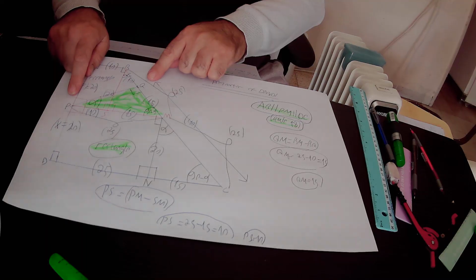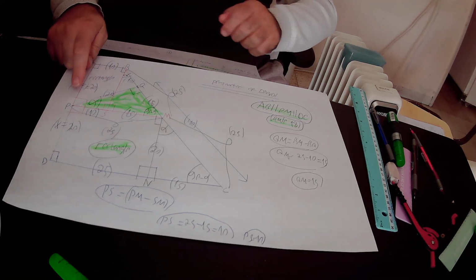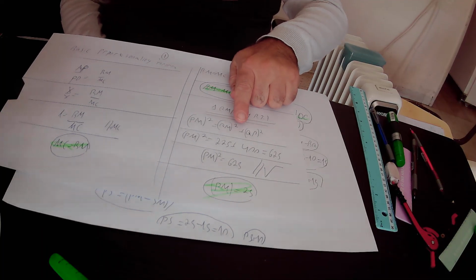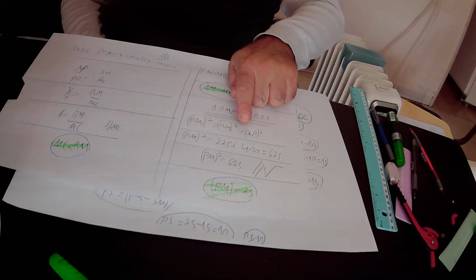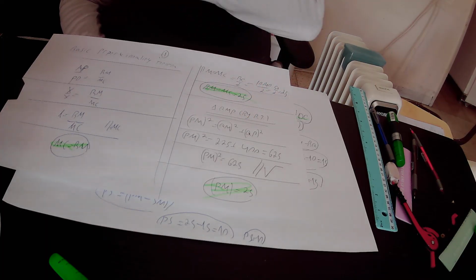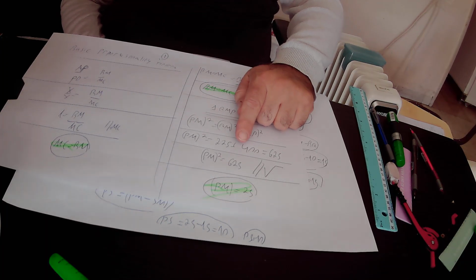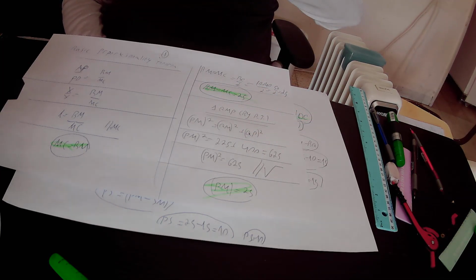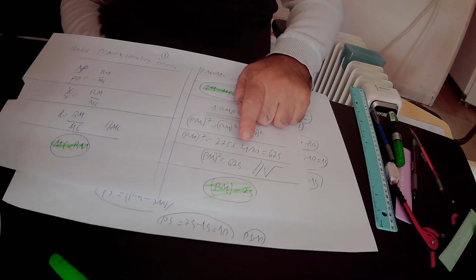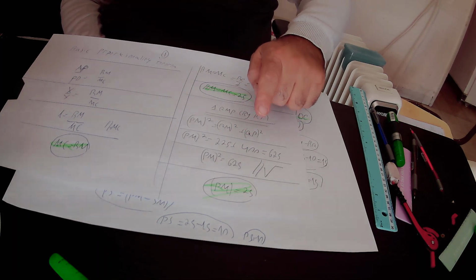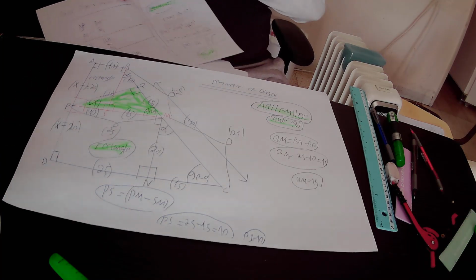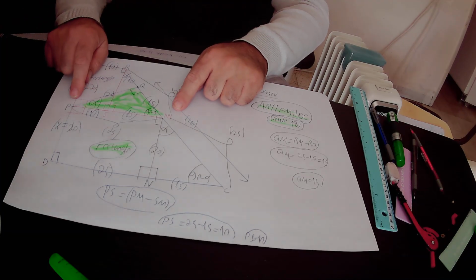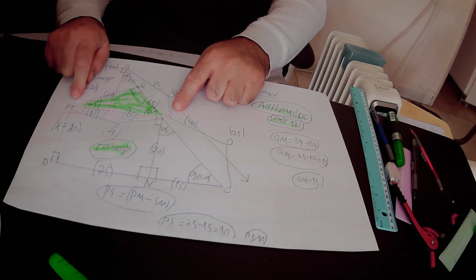QP is 20, therefore QP square is 20 square, that is 400. So PM square equals 225 plus 400, that is 625. So PM equals the square root of 625, that is 25. So this side PM equals 25 units in length.